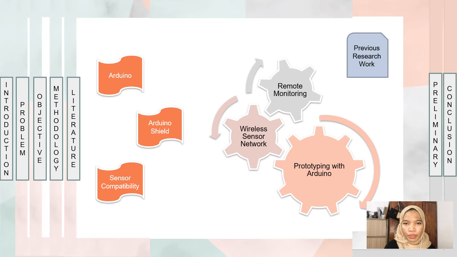It is an embedded device that can be connected and transfer data via the Wi-Fi antenna on the module. Next is sensor compatibility. For this project, I use two types of sensor, which are the vibration sensor and the analog piezoelectric sensor for acoustic. The vibration sensor can help to track vibration data in real time and identify possible failure locations.